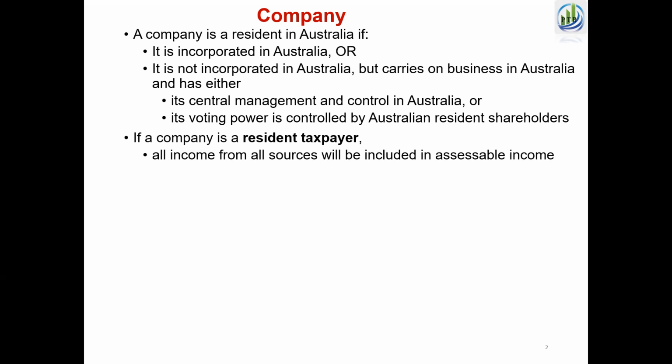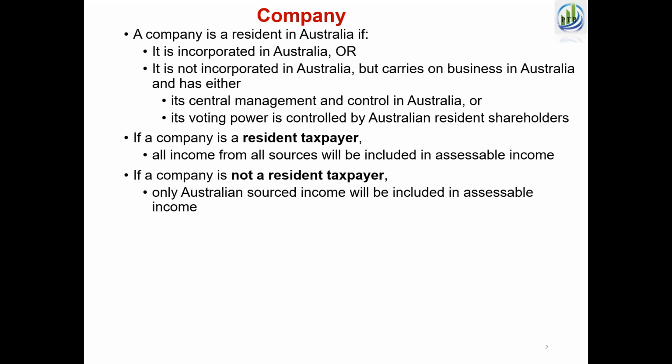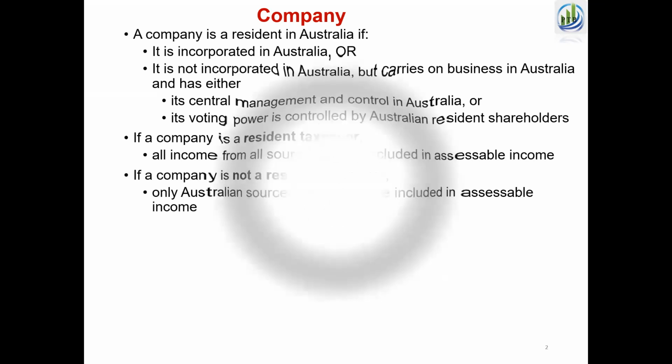You must report all sources of income and expenses, in Australia and outside of Australia. If you are a non-resident company, you are only required to report Australian source income. You need not report outside of Australia. So that's the difference between a resident company and a non-resident company.